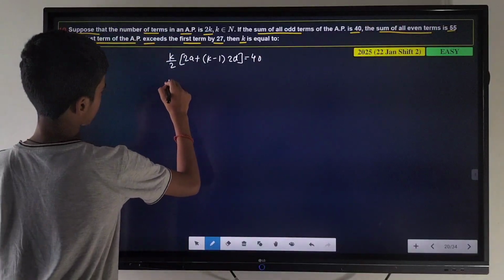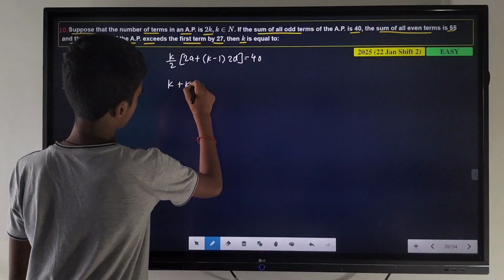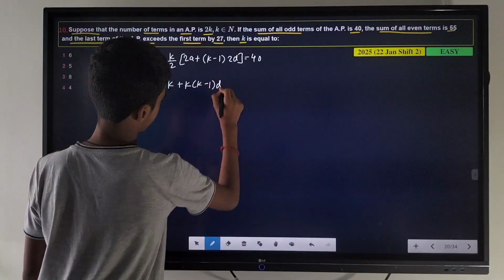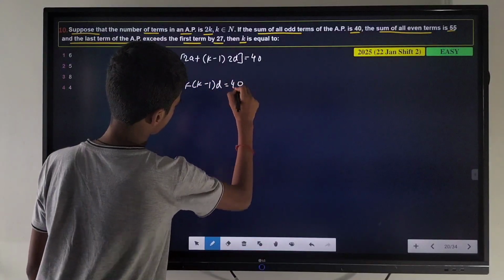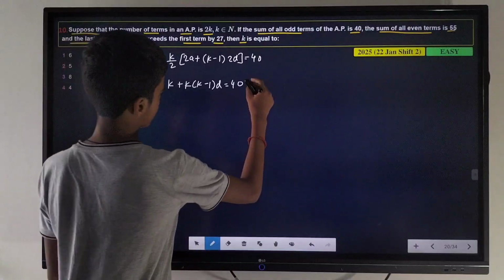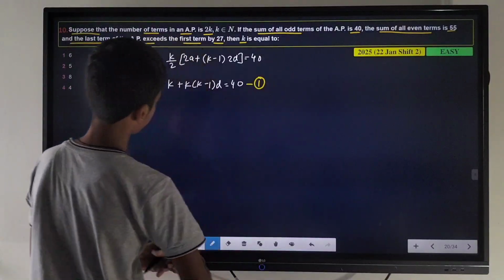From here we will get ka plus k into k minus 1 d is equal to 40. And let's say this is our equation number 1.